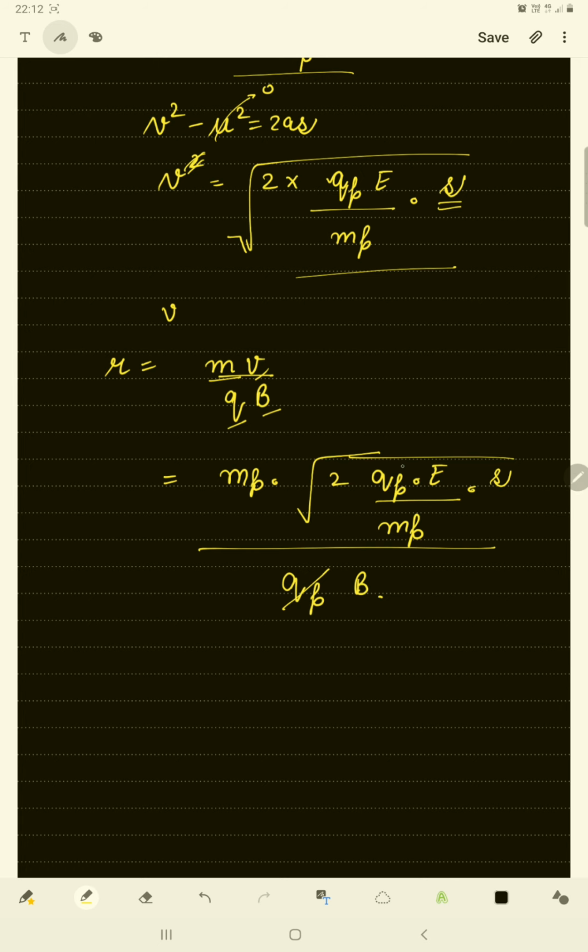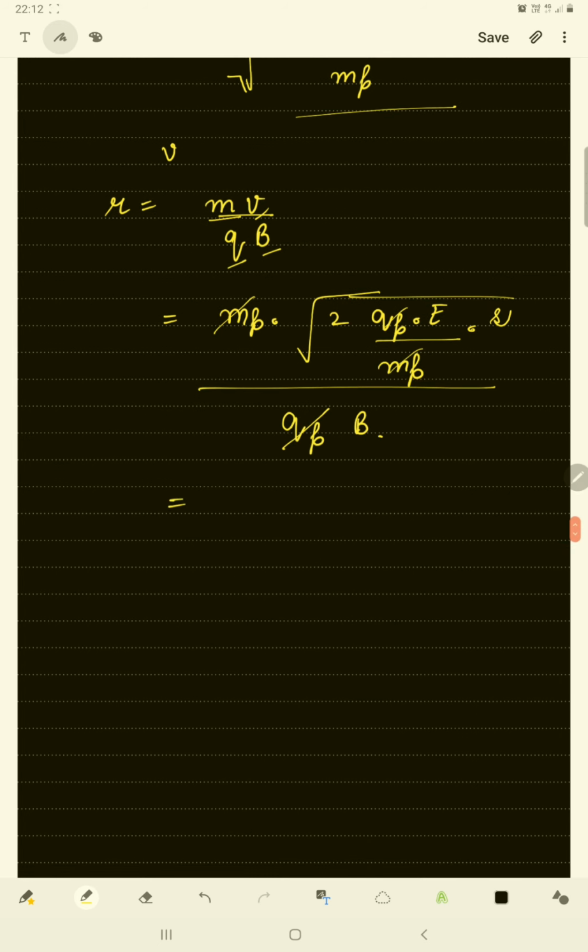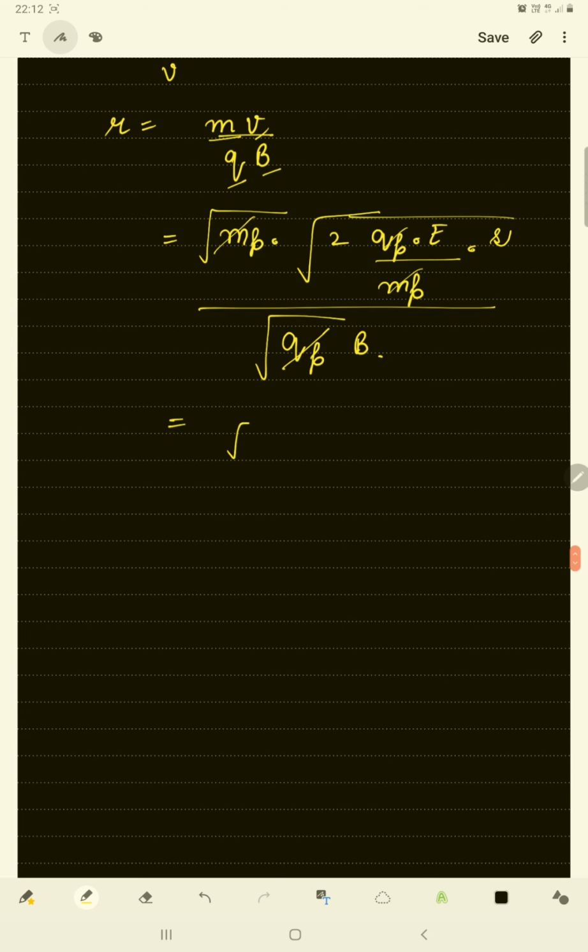Since some terms are constant, we can cut these out, and we get square root of m_p times 2Es upon square root of q_p times B.